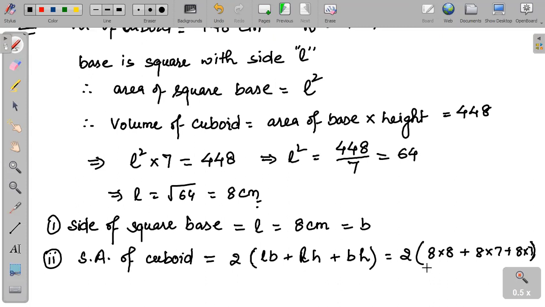So 176 है. Oh, plus 2. So 2 into 176 is 352 centimeter square.